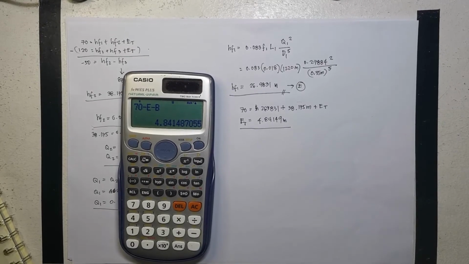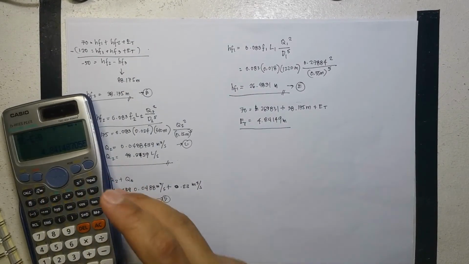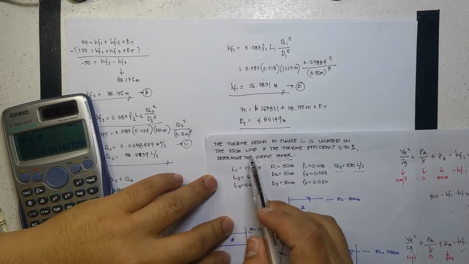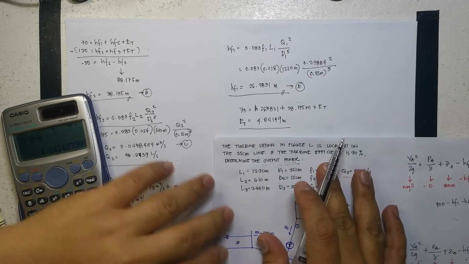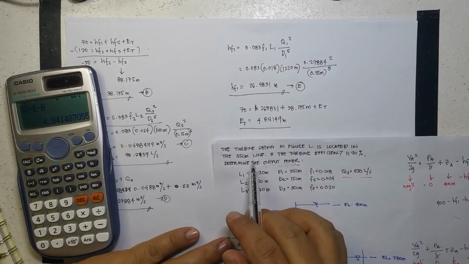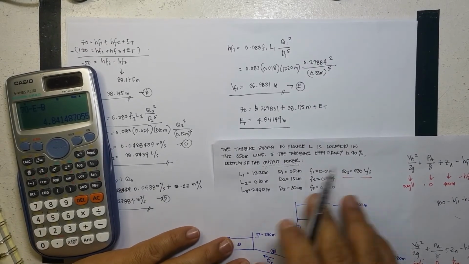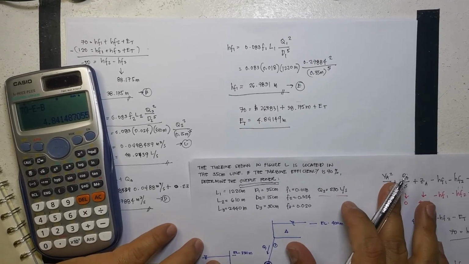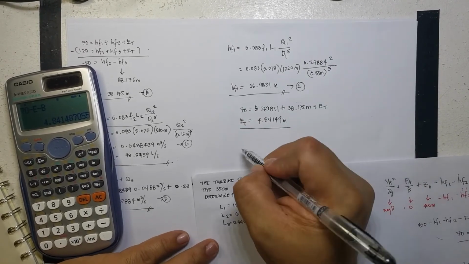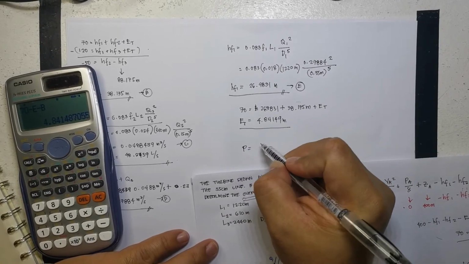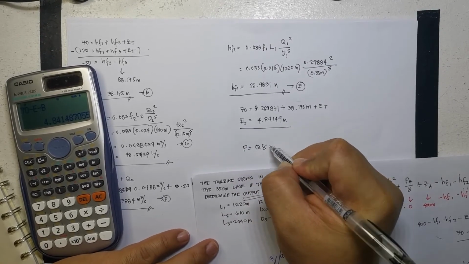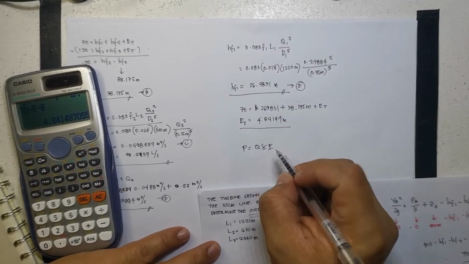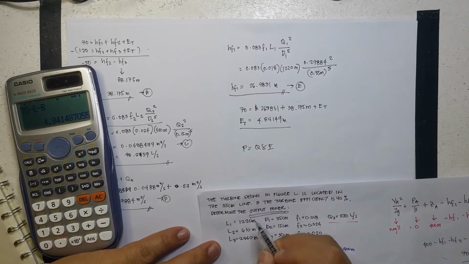So let's go back to the question. So the turbine shown in figure L is located in the 35 cm line. If the turbine efficiency is 90%, determine the output power. The output power is what is being asked. The formula for power is equal to Q gamma E. For this case, what we are looking for is output power.